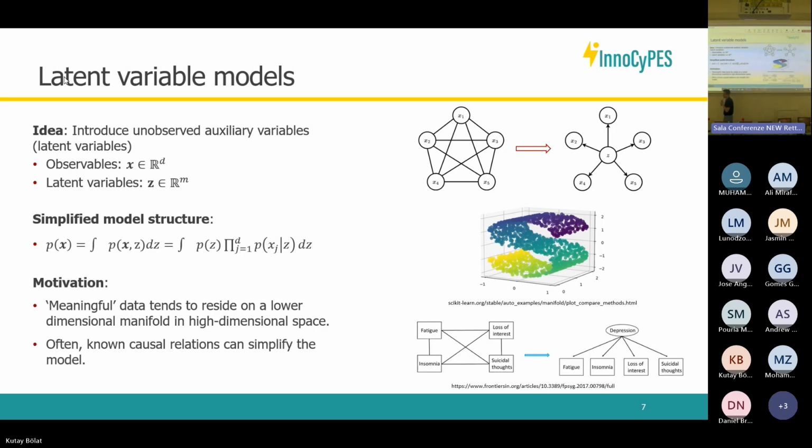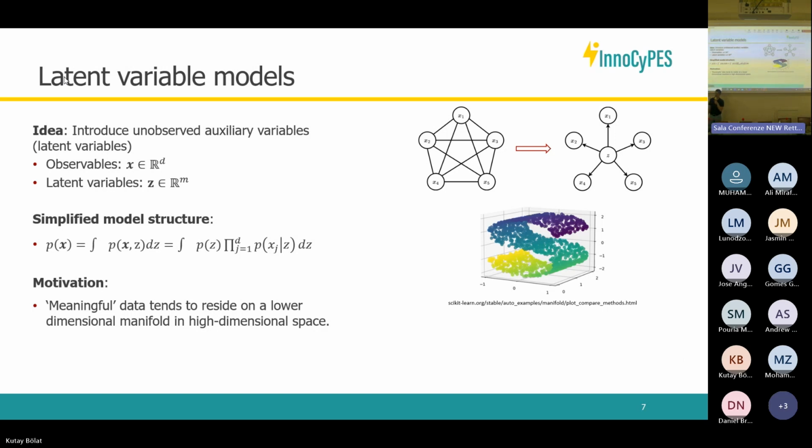And we say this z can help us travel around this manifold, because this manifold has way fewer dimensions than the original observable data point. So this z can navigate us in the lower dimensional manifold. That's one.